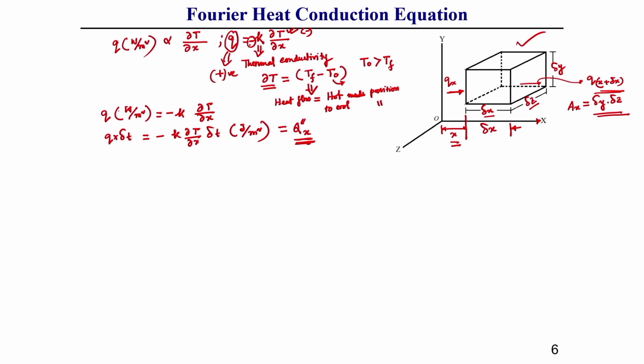In the first phase, or left side phase, the heat flux which is entering this element is generally the left phase heat conduction per unit area. This you should keep in mind.